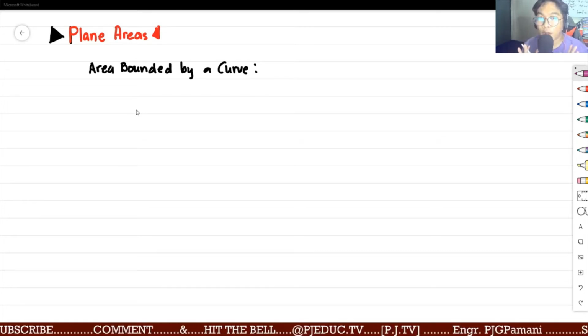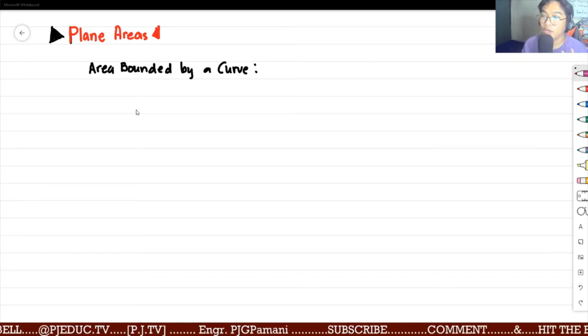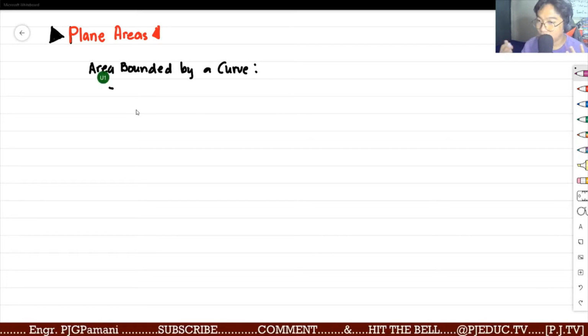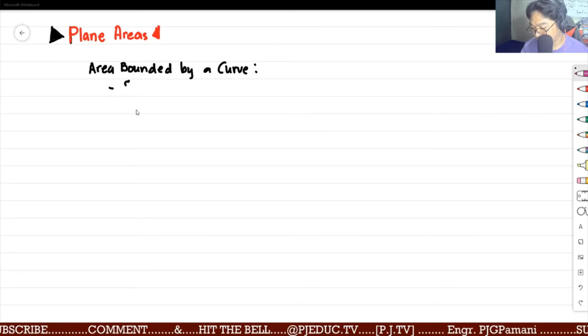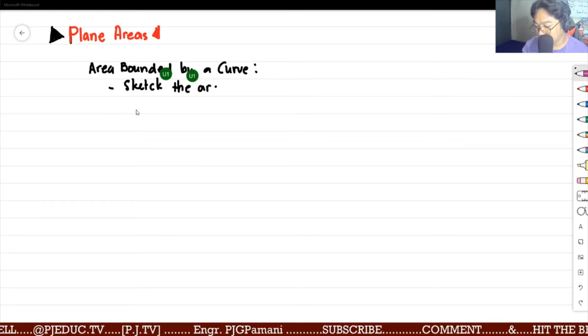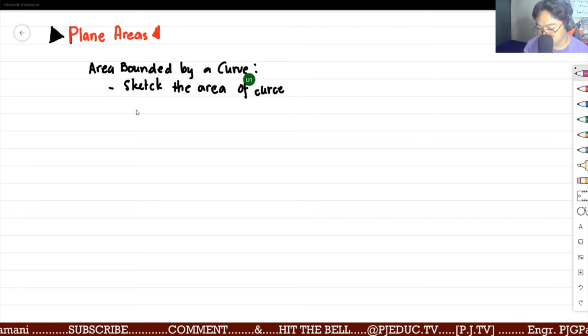Now, first up, how are you going to compute? This is just my own solution process for solving problems involving area bounded by curves. Hindi nyo ito mahirap mabasa sa libro. First step is for you to sketch the area or the section of the curves.